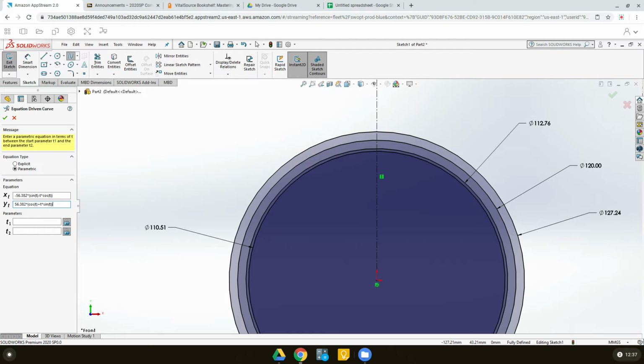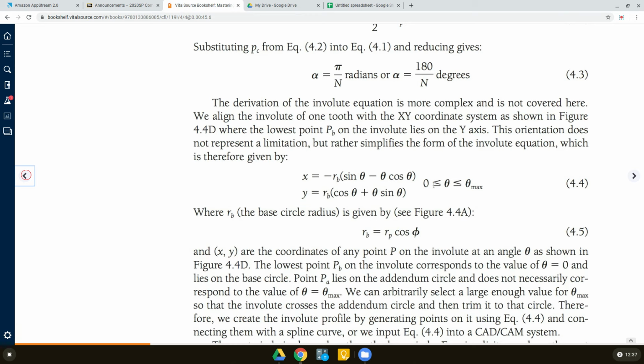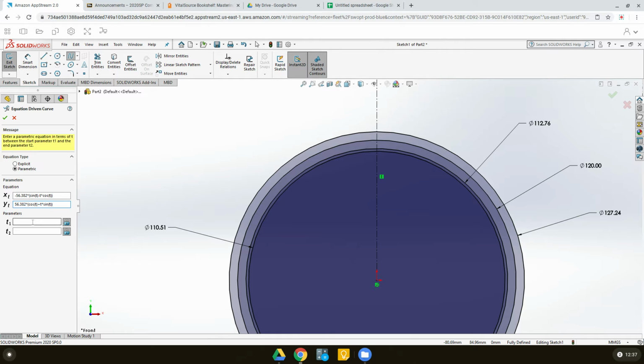So it looks good, and we want to vary theta between some angles, 0 and some theta max. So let's put 0 as one limit, and 1 degree is, I think, more than enough, because as I said, the profile of the tooth above the addendum circle that will be created, we need to chop that because we don't need that.